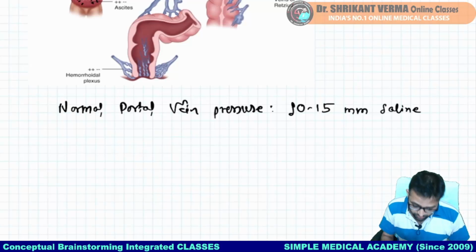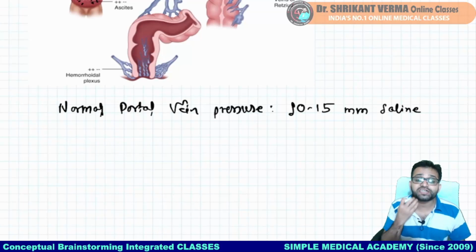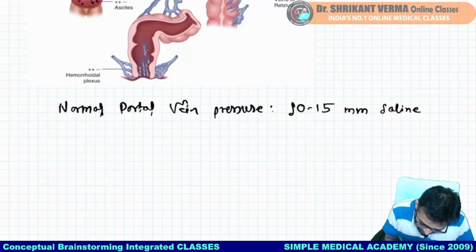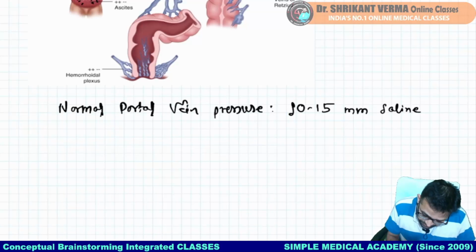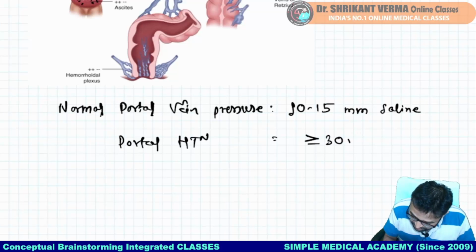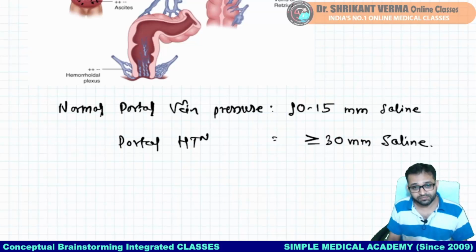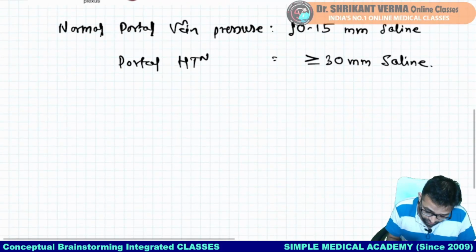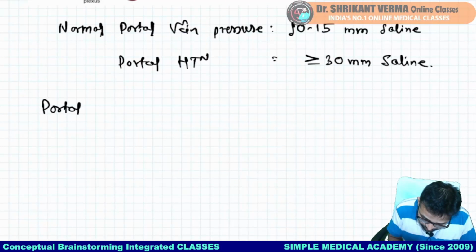Got the point? Now try to understand further: when the pressure exceeds 30 mm saline, then you will say portal hypertension. Okay, so what is the situation? Portal hypertension, how can you define it?